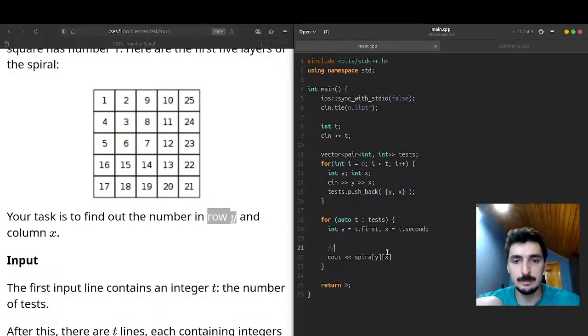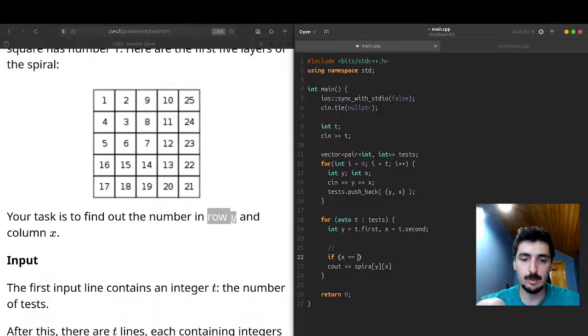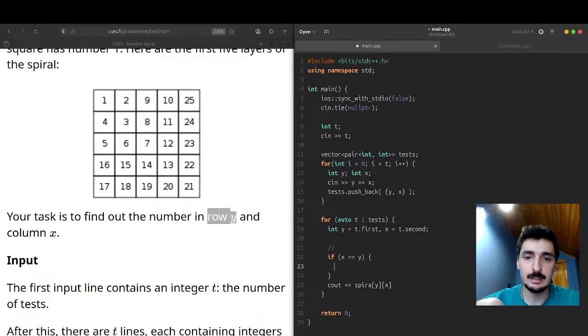So if you think about it, if x equals y, this is a very special case which can be described mathematically, and it's gonna be x squared because it's actually x times y. Then x minus 1.